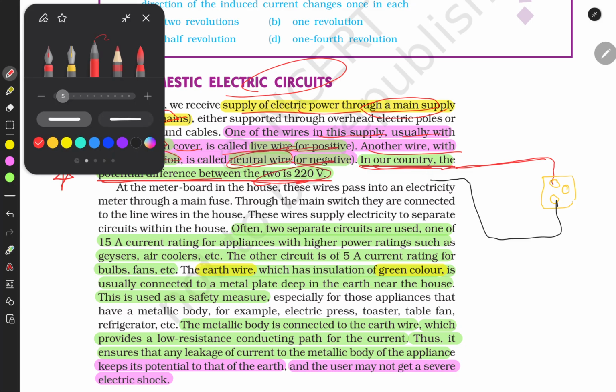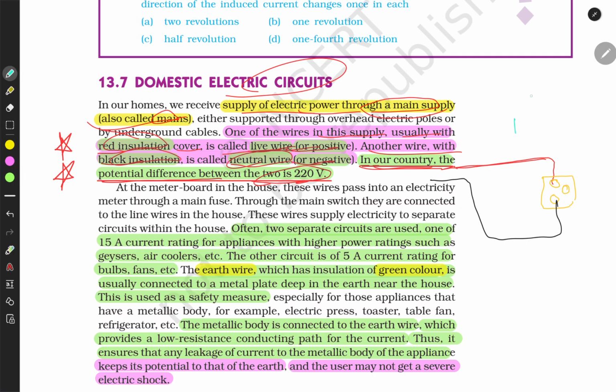This 220 volts of potential difference makes the current flow.